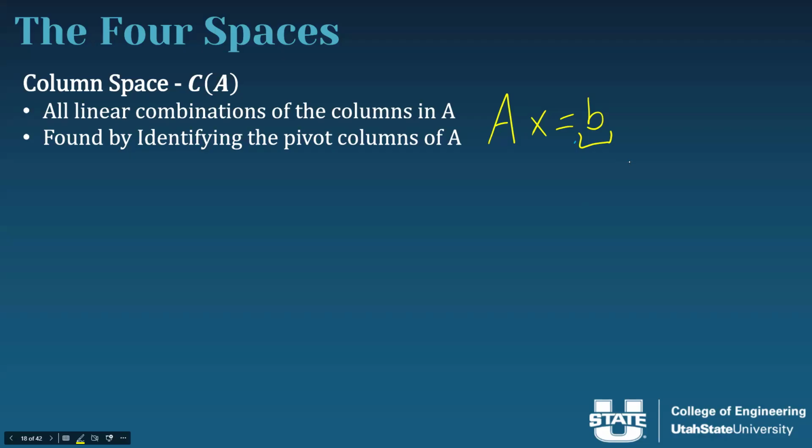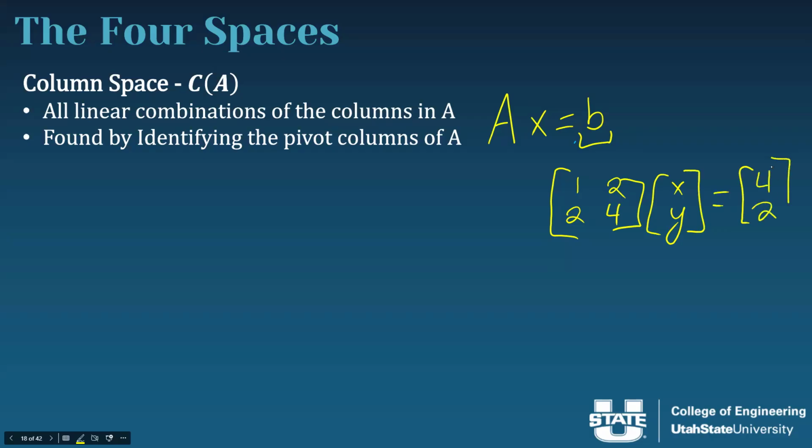B has to be a 3 by 1, for example. Let's say we just have a matrix. The columns want the same dimension.